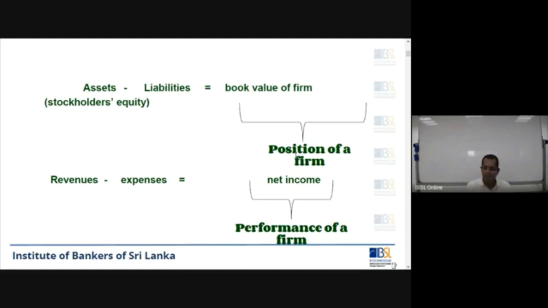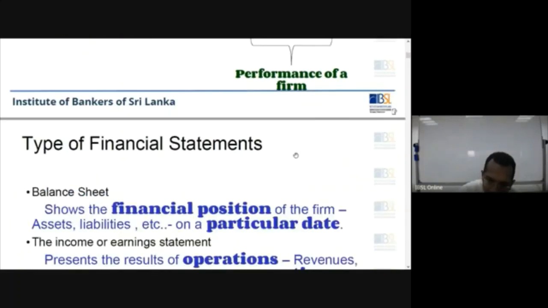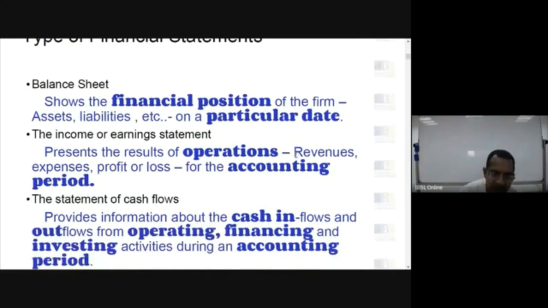The third one is the cash flow. So these are the three statements we have. The balance sheet shows the financial position on a particular date. Then the income and earnings statement represents the operations of the business. So that means how the business has been operating. That is shown by the income statement.